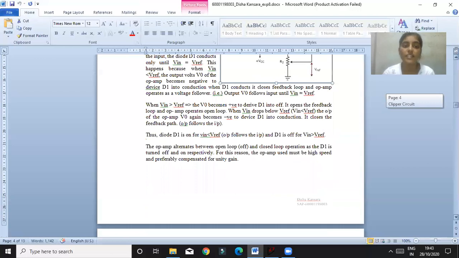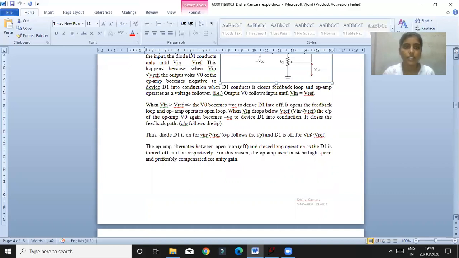When Vin is greater than Vref, the op-amp output becomes positive, driving D1 into off. It opens the feedback loop and the op-amp operates in open loop. When Vin drops below Vref, the op-amp output again becomes negative, driving D1 into conduction.